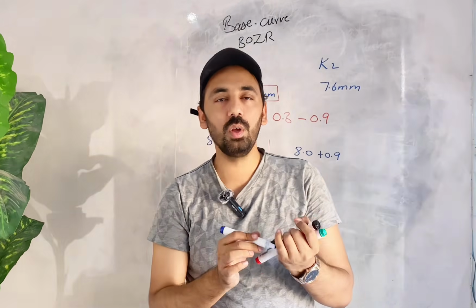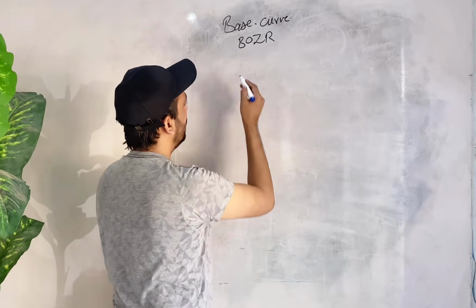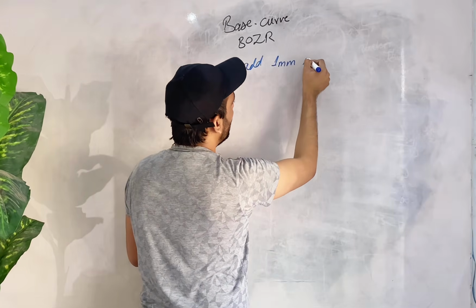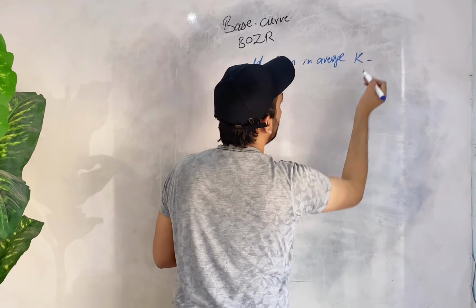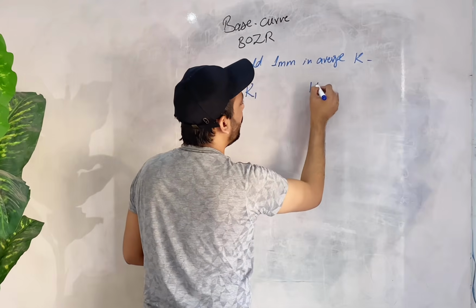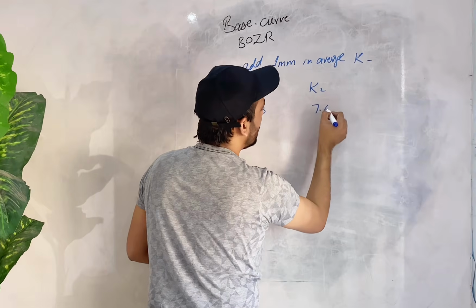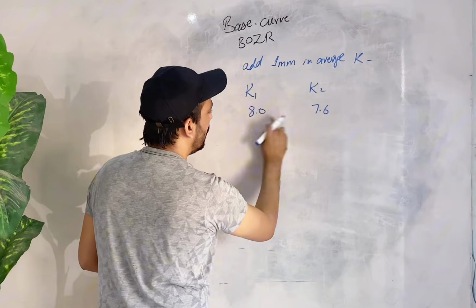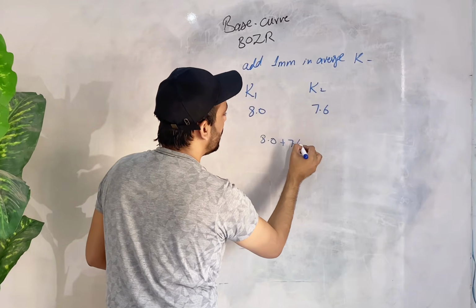And now we will discuss method number two. Method number two is simply to add 1 millimeter to the average K reading. So we have to find the average K. For example, K1 is 8.0, the same, and K2 is 7.6, right? We have to find the average first, so we add K1 and K2: 8.0 plus 7.6 over 2.